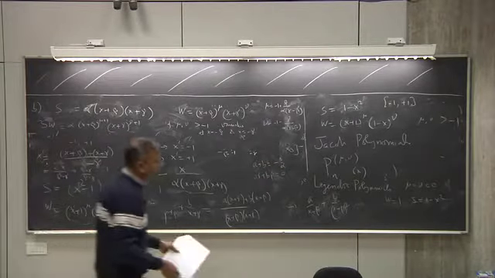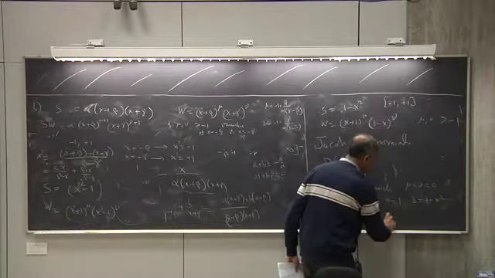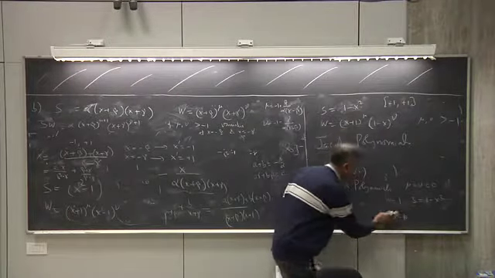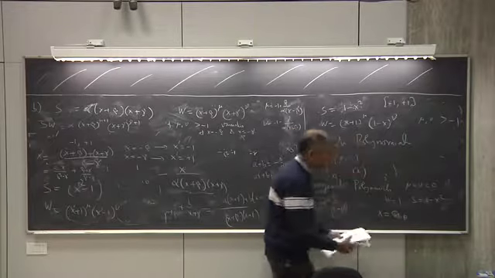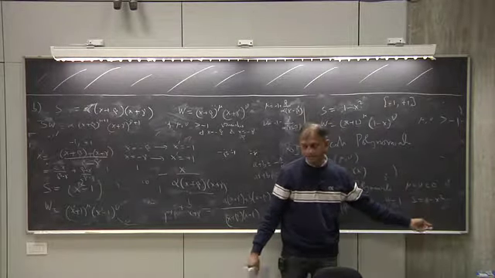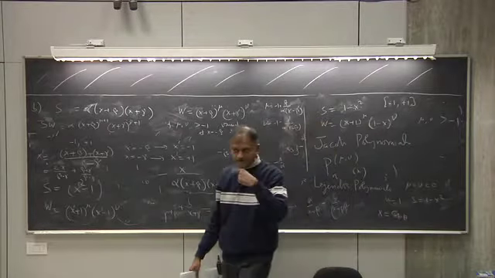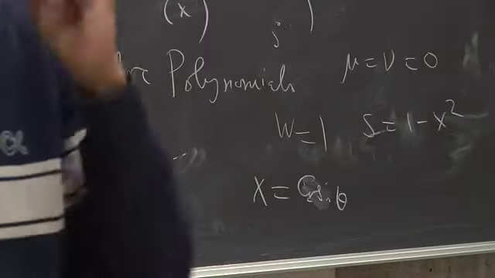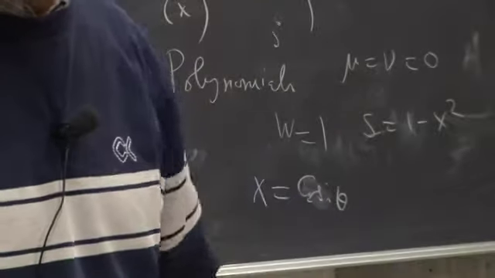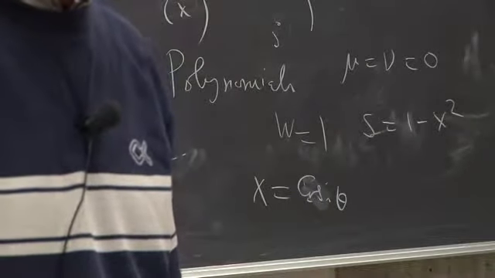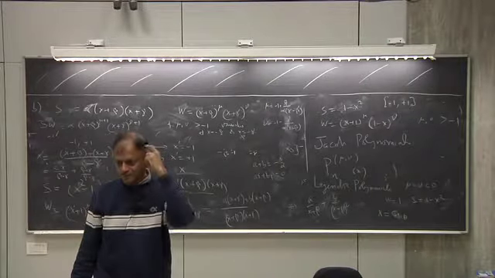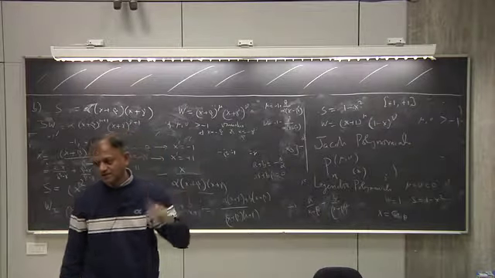You write x as cos theta, let's say, or sine theta, it doesn't matter. Then S is 1 minus x squared, so it's sine squared theta. So everything can be expressed in terms of theta. And these are not the associated Legendre polynomials, these are the normal Legendre polynomials, which corresponds to choosing m equal to 0. If m equals 0, it's the same as the normal Legendre polynomials.